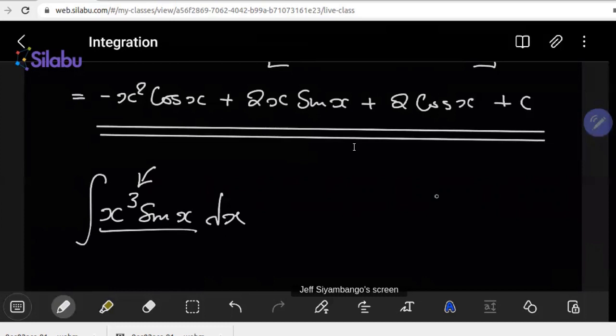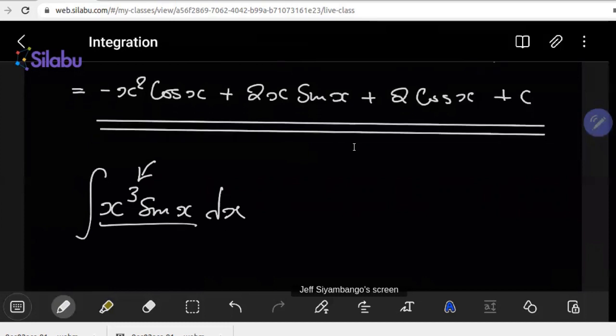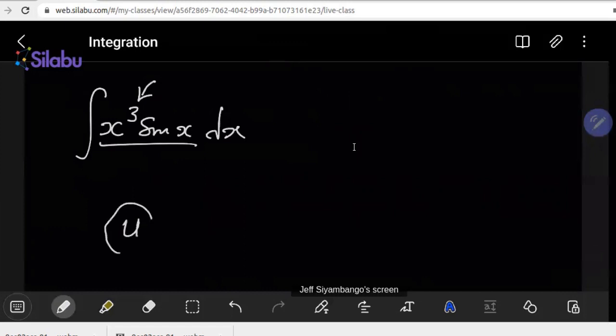That is why when we started, I said your choice of u has to be the part such that when you differentiate it several times, it reduces to a constant. So it doesn't mean that when you differentiate it the first time, it gives you a constant. Sometimes you have to differentiate it several times to get that constant. Is that okay?